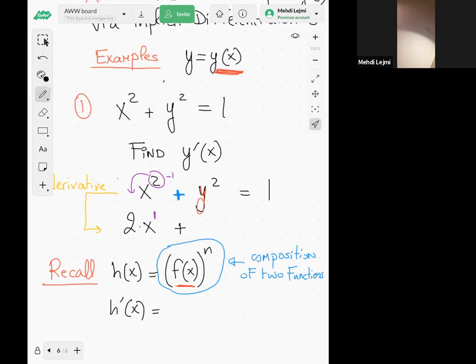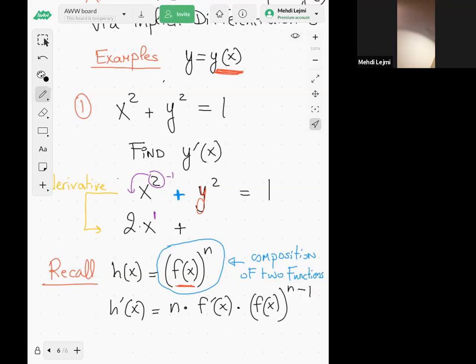Yes, very good, Ibrahima. Exactly. That's the rule, and it's actually a consequence of the chain rule. That will be n f prime of x times f to the power n minus 1.